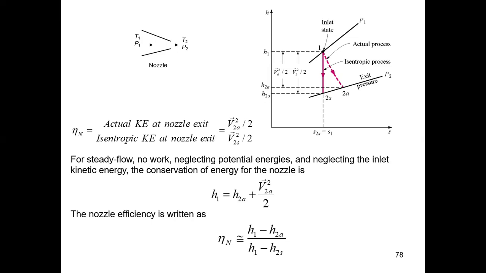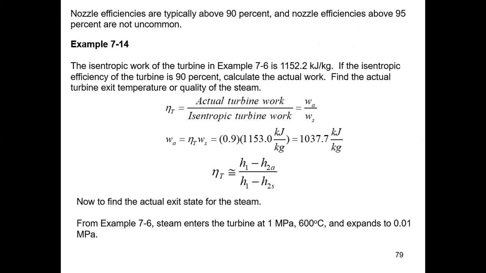For steady flow, no work, neglecting potential energy and neglecting the inlet kinetic energy, the conservation of energy for the nozzle is H1 equals H2 adiabatic plus V2A squared divided by 2. The nozzle efficiency is written as H1 minus H2 adiabatic divided by H1 minus H2S. That's the isentropic process. That is the theoretical process.